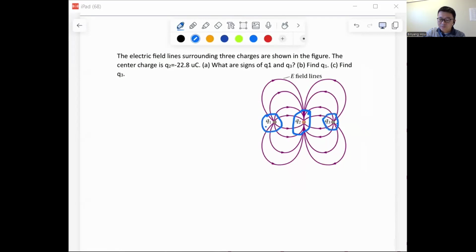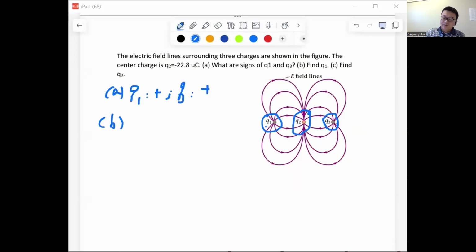That means they are both positive, because electric field lines come out from positive charges. So for A, it's kind of straightforward. Q1 is positive, and Q3 is also positive.